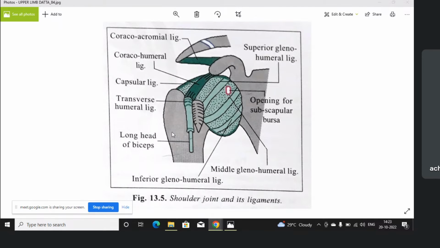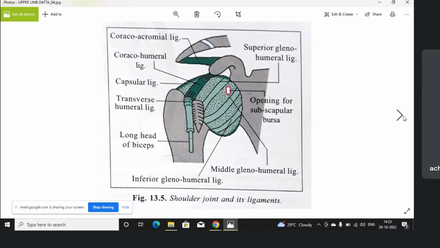Next, the glenoid cavity's peripheral margin.